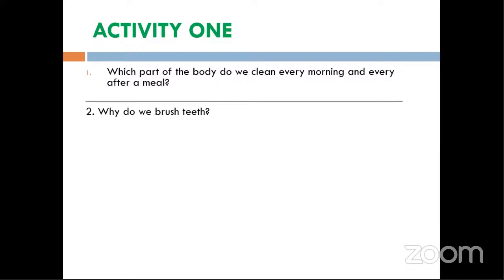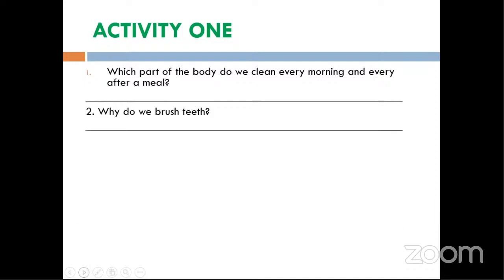The answer is very correct. Another person can also add and say to avoid tooth decay. Because if you don't brush your teeth, they will decay. They will rot. The mouth will start smelling and then the teeth will decay.